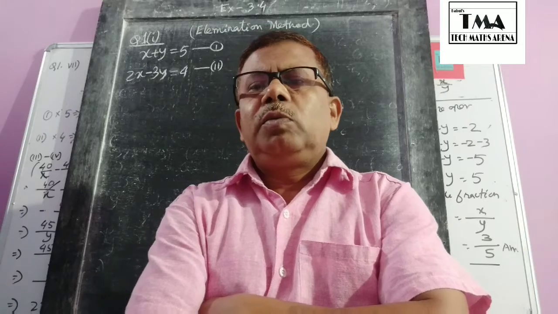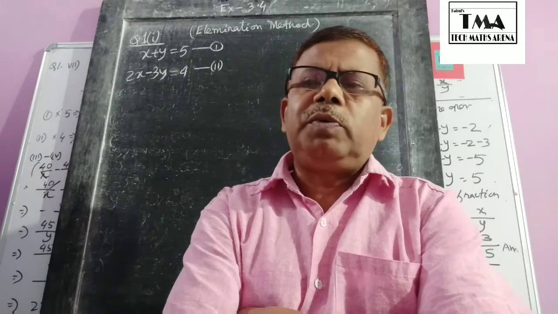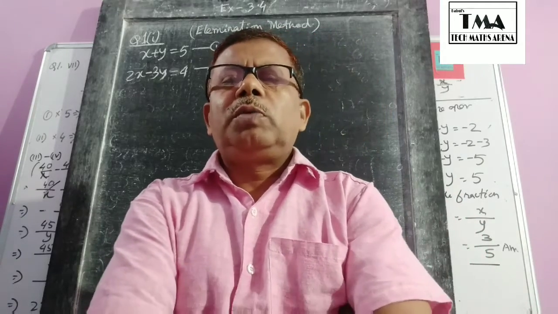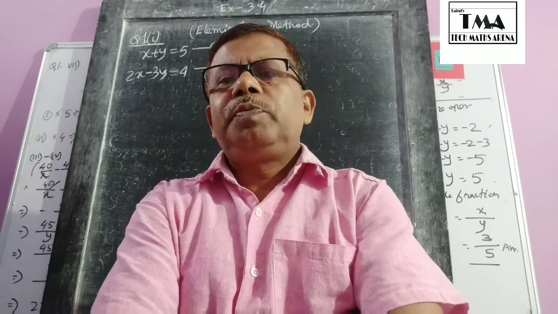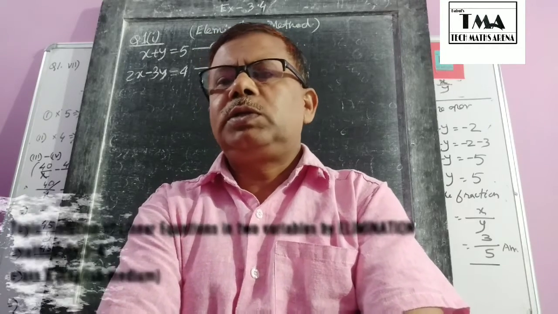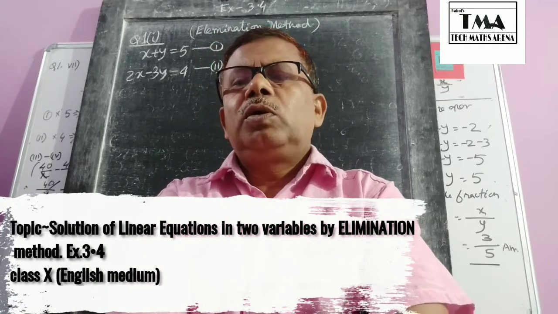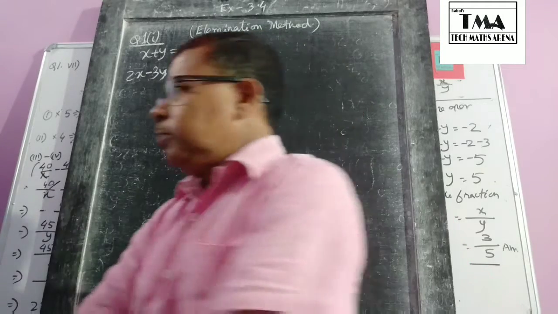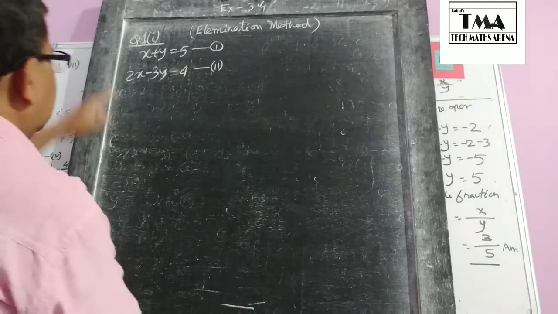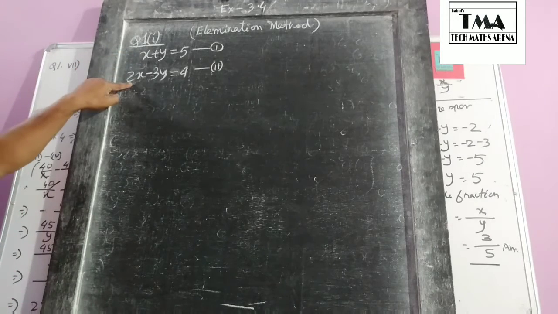And then putting the value of that variable in any one of the given equations, we can find the other value of the variable. And this is the concept of elimination method.